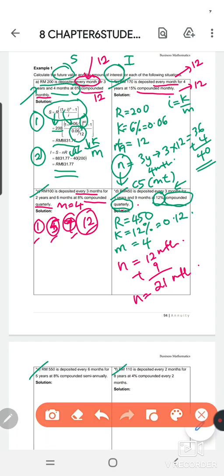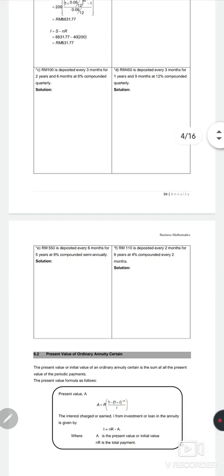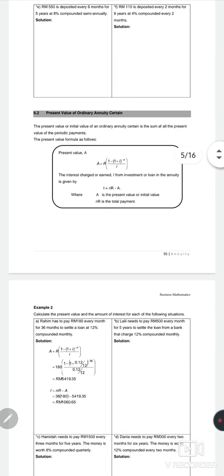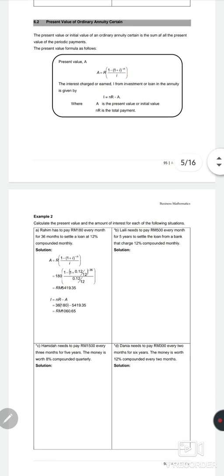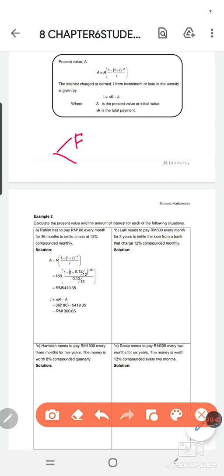You can try to solve all the examples here, example B until example F. This one is for future value. And then we also have present value of ordinary annuity certain. This is the basic concept: we always have future value and present value.